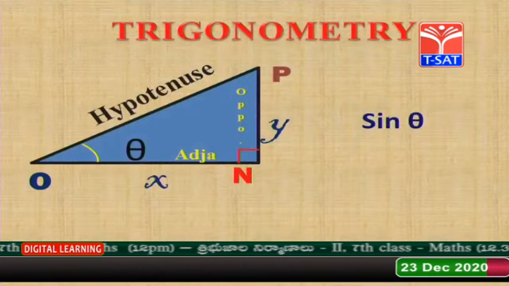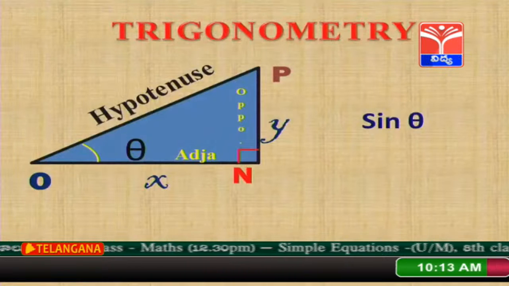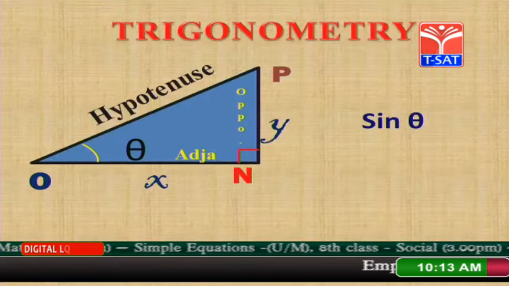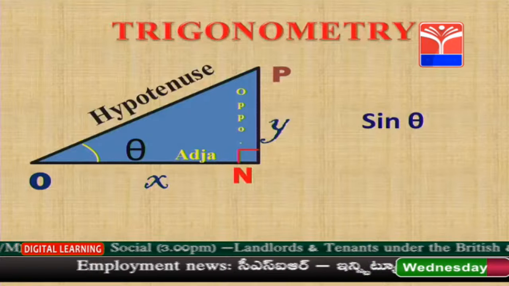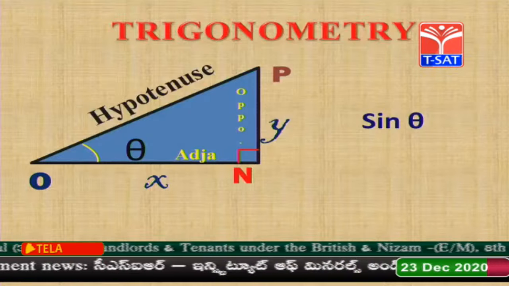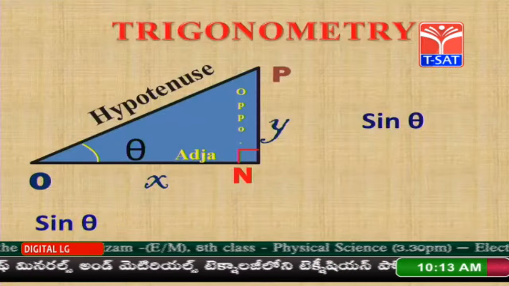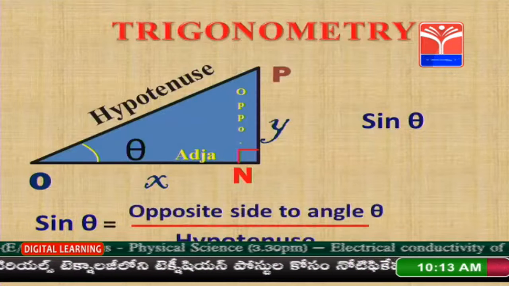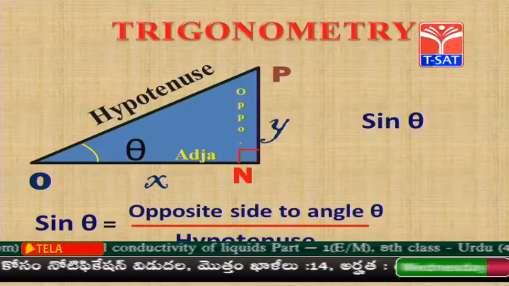So, in trigonometry the basic ratios, whenever we take, we start with sin theta. Now, the sine of an angle theta can be termed as sin theta is equal to the opposite side to angle theta by the hypotenuse.